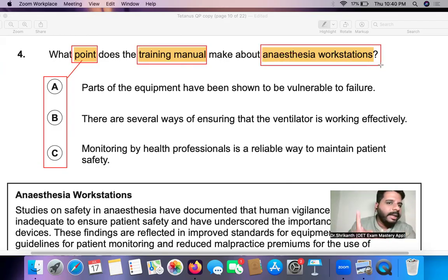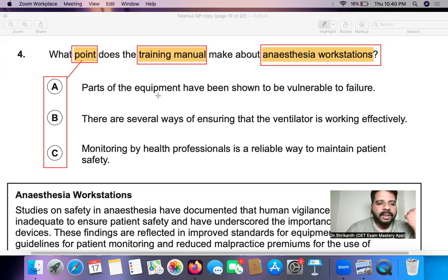So this clarity you must have, because without this clarity, you cannot expect to find the correct answer. So we are talking about anesthesia workstations and the training manual is giving us this information. And from this training manual, we get one particular message. What is that message? That is what our duty is.